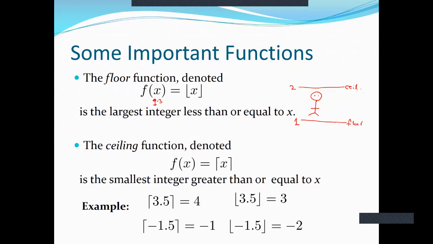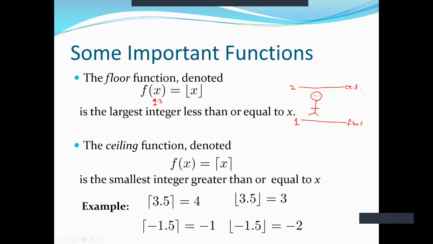That is the round value. And what is the ceil value? The ceil value is the greatest value, the top value, that is 2. So the ceil function is denoted by this sign that is upward, and in the floor function this sign is downward.